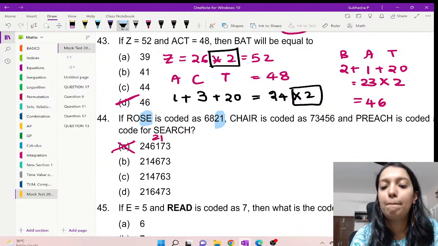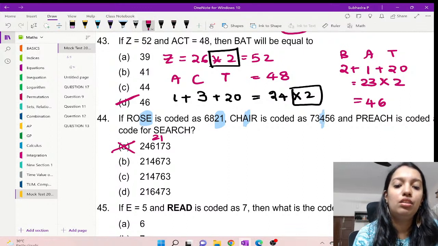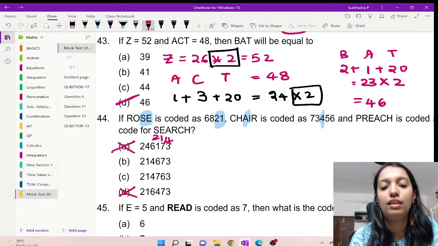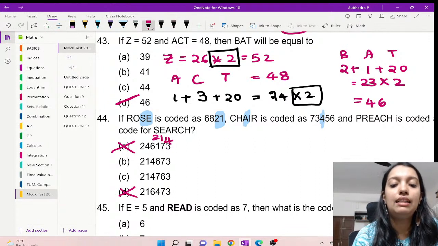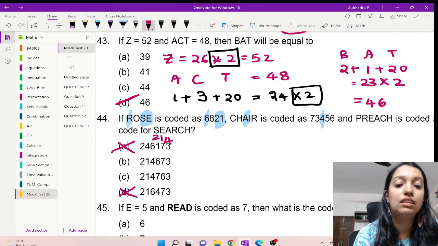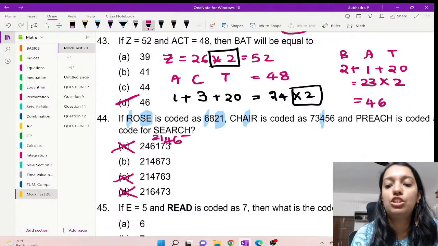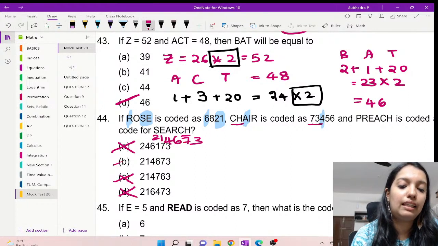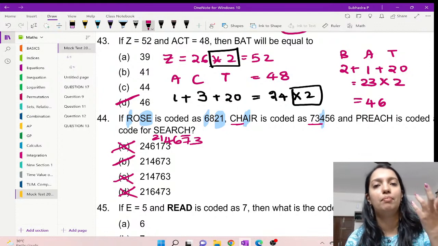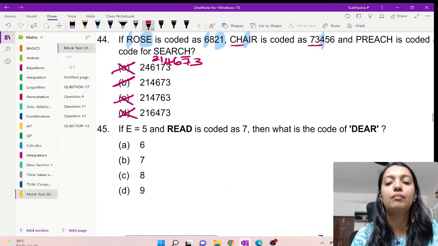Where is A? In the middle. So what is in the middle? 4. So it has to be 2, 1, 4. So option D is also gone. R is there in rose and that is 6. 2, 1, 4, 6. So CH has to be 7, 3. CH 7, 3. Correct answer is option B. What we did? Match the following.